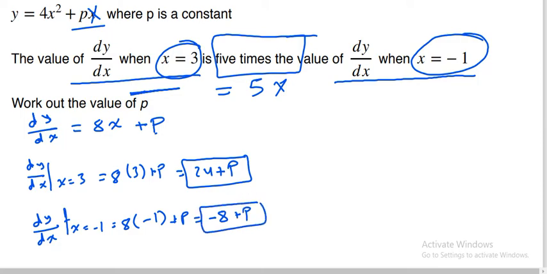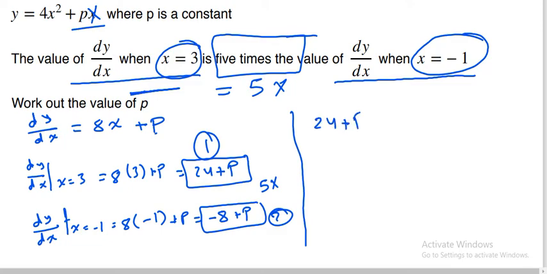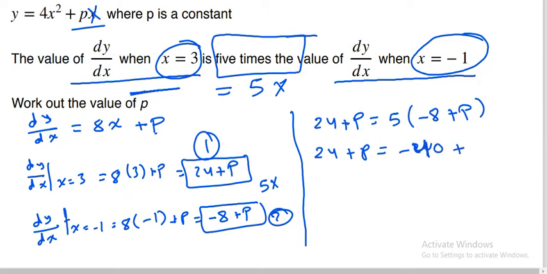Here he said the first expression equal 5 times the second expression. So we write this information. 24 plus p equal 5 multiply negative 8 plus p. It's a linear equation, we can simply solve. 24 plus p, and on the other side expand the bracket, negative 40 plus 5p.